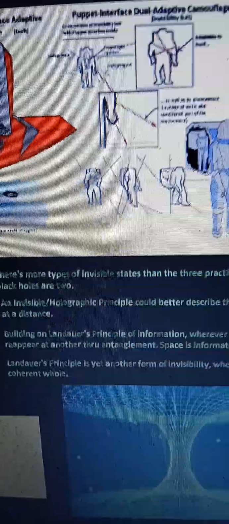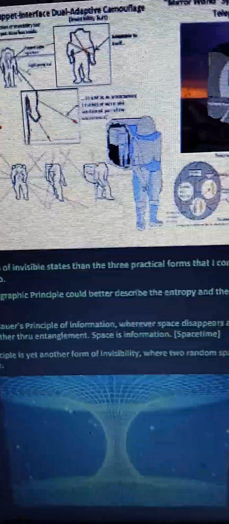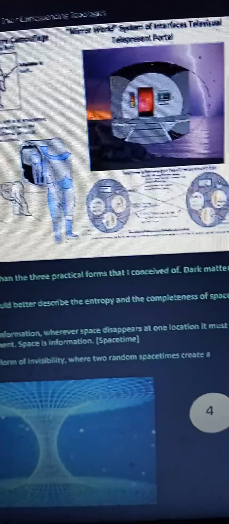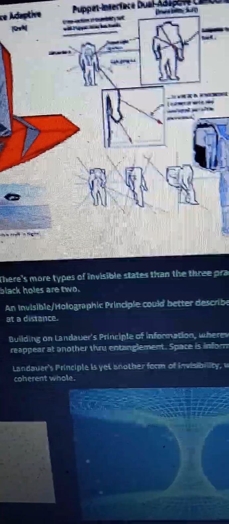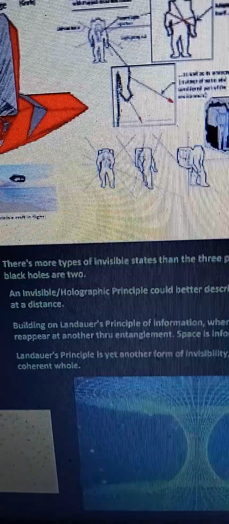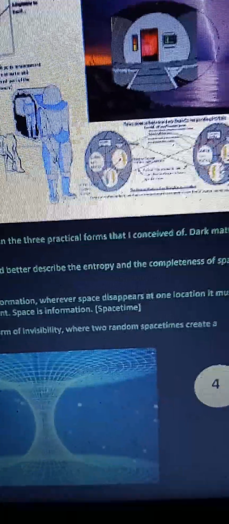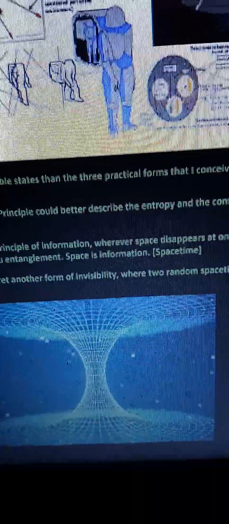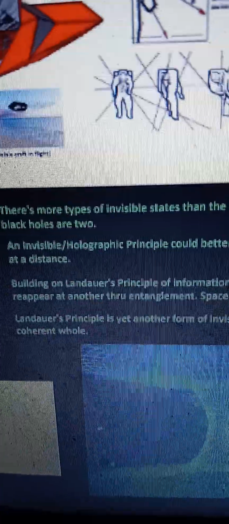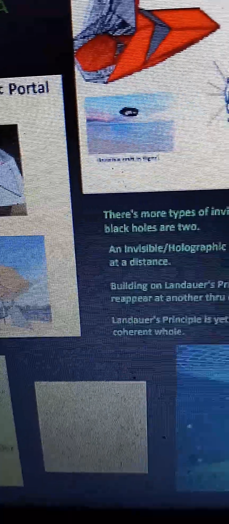Okay, this bottom image, this bottom third part, there's more types of invisible states than the three practical forms that I conceived of. Dark matter and black holes are two. An invisible holographic principle could better describe the entropy and the completeness of spacetimes at a distance. That's a wormhole. It's two spacetimes at a distance through entanglement, which is the tensor form here.